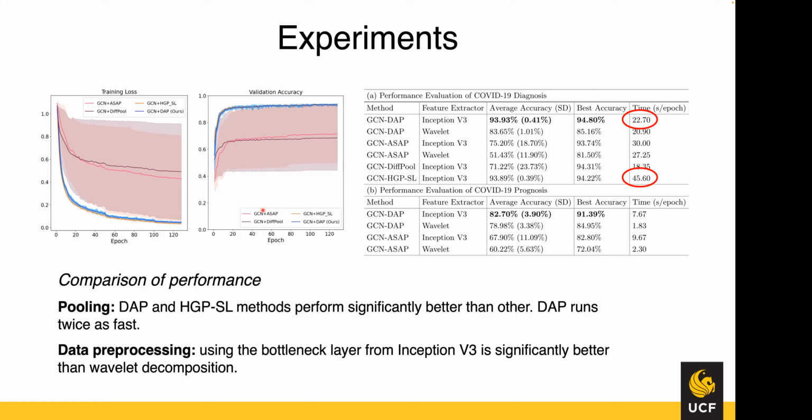So you're down to the one they propose, this DAP, and this HGPSL method, where the accuracy of those 2 is pretty close. This paper's method has just barely higher accuracy, but more importantly, the time per epoch runs about twice as fast.